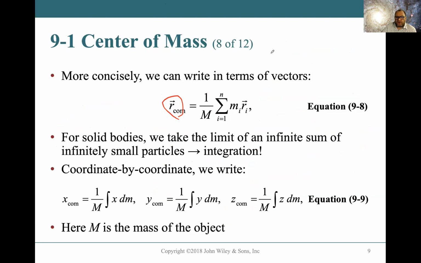Let's draw a picture. So here is our, there's the sun. Let's try and get Jupiter over here. We could really put our coordinate system anywhere we wanted to. And if we put it, say, over here, then we would have a vector over here.